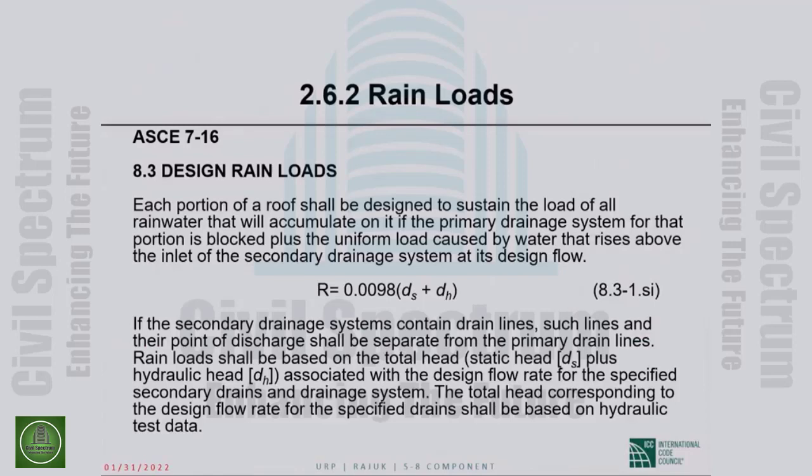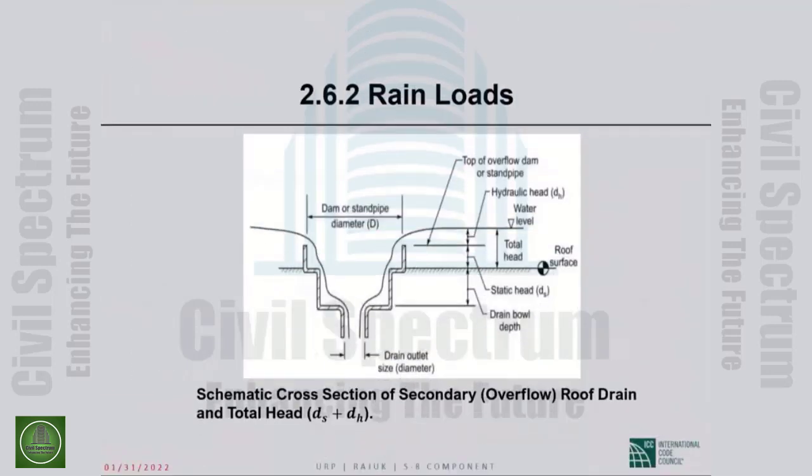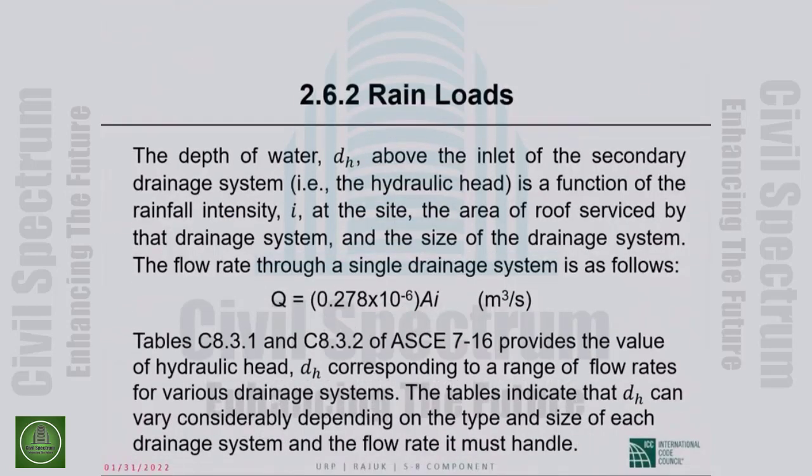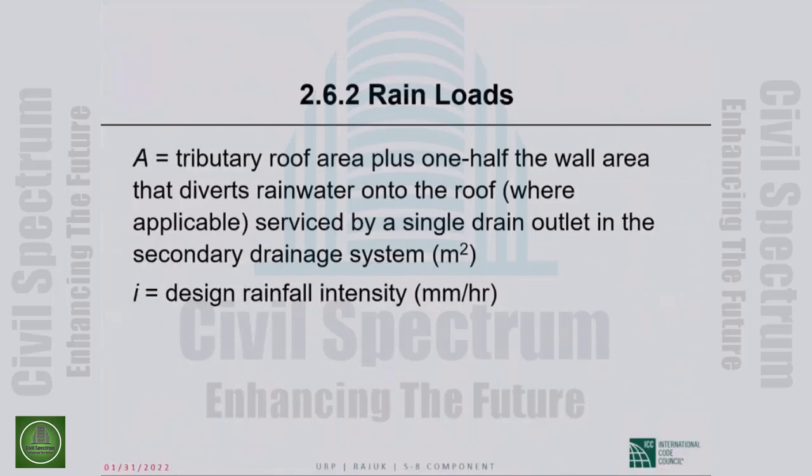And I have included some stuff out of ASCE 7-16 that I have no time or intention to go into. But I did want to point out that this is a pretty complex subject. What ASCE 7-16 tells you to do makes use of extensive tables given in the commentary to ASCE 7-16. You need those tables, and you also need the design rainfall intensity.